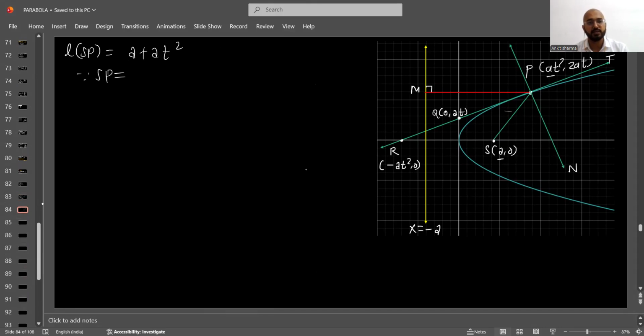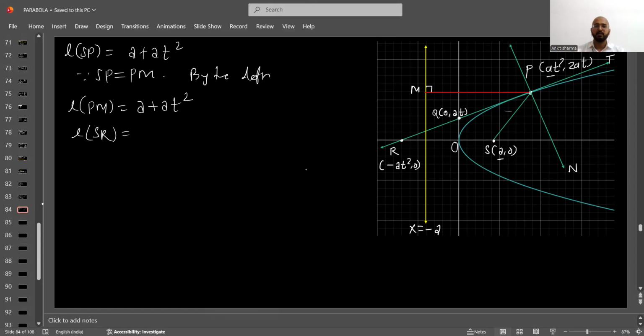Since SP is the same as PM by the definition of parabola, the length of PM is also a plus at square. For SR, the length up to the vertex O is a, and the rest is at square. So SR is again a plus at square.